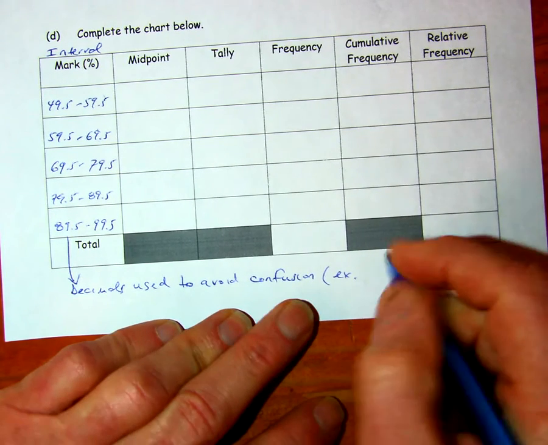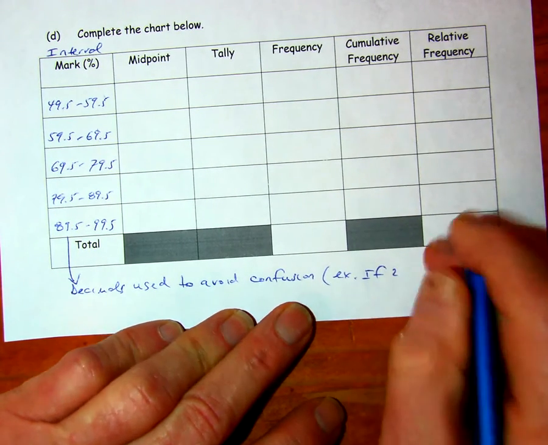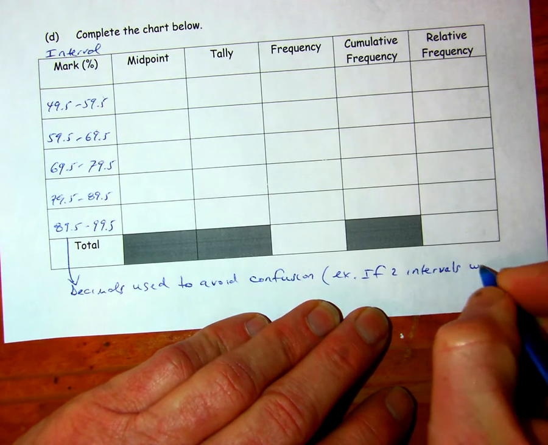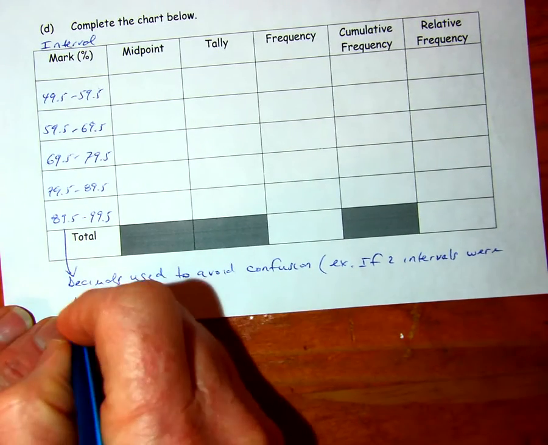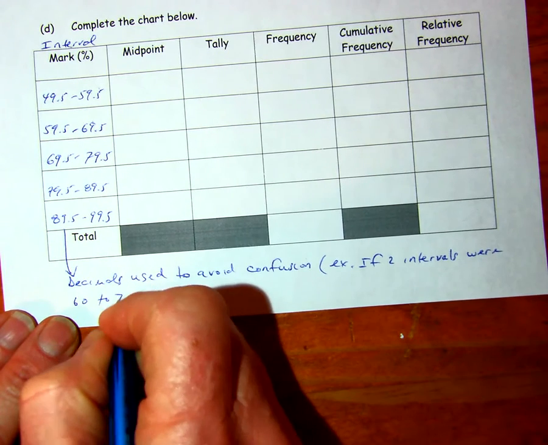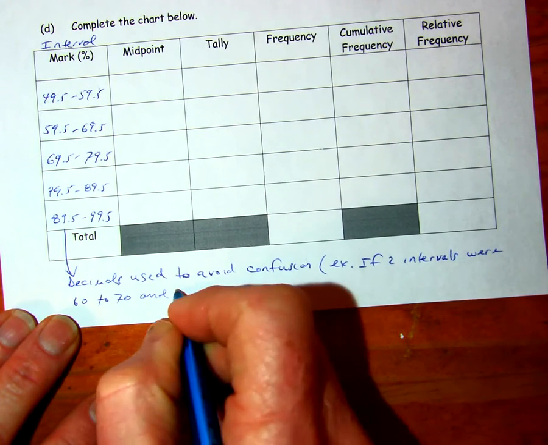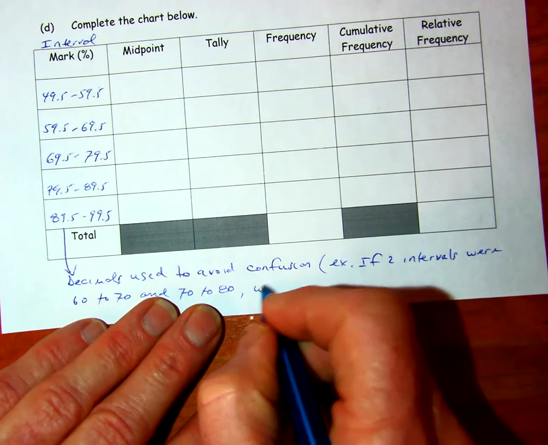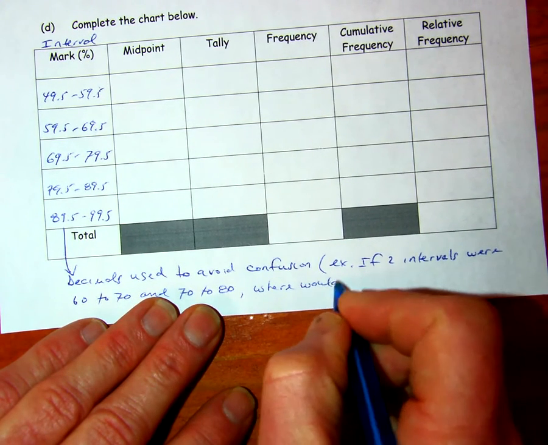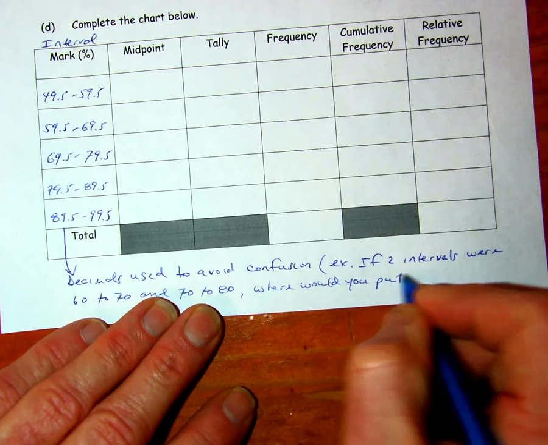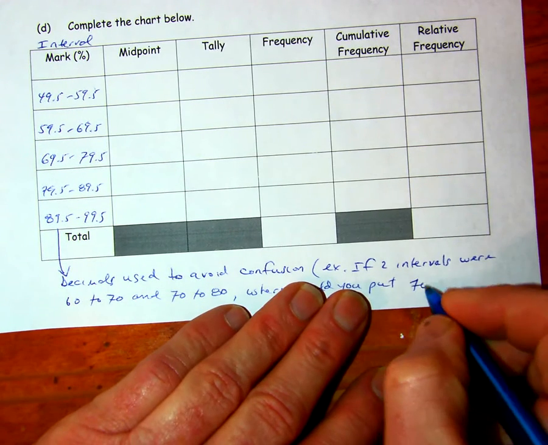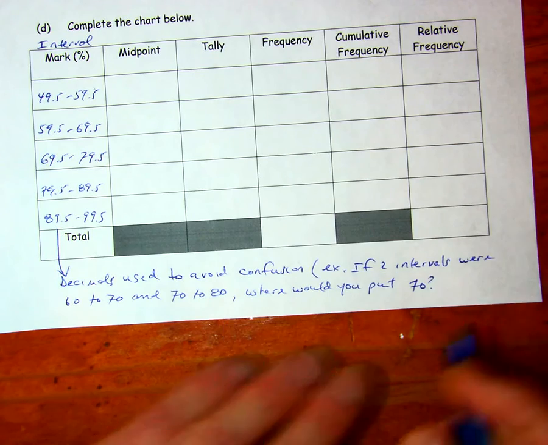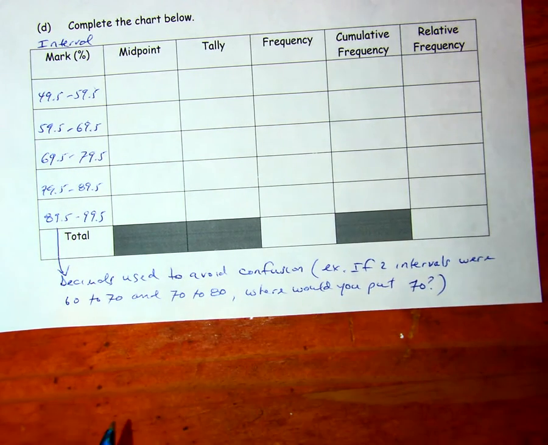Example, if 2 intervals were 60 to 70 and 70 to 80, where would you put 70? Would 70 go in the first bin, or would 70 go in the second bin? So that's why we use decimals.